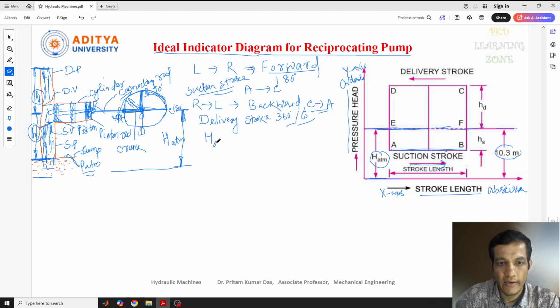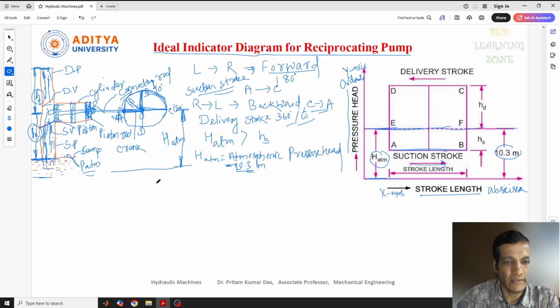So here I can write H_atm is greater than H_s. H_atm is our atmospheric pressure head, and its value is 10.3 meter. How we got this value is also there.